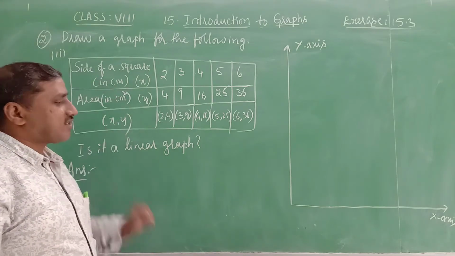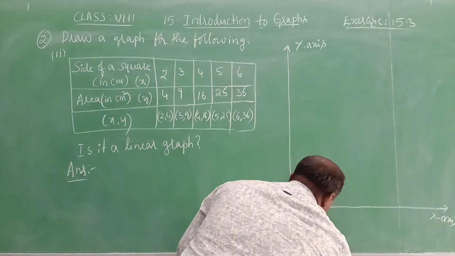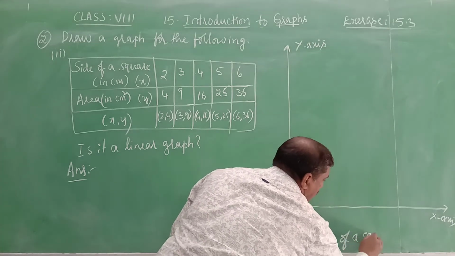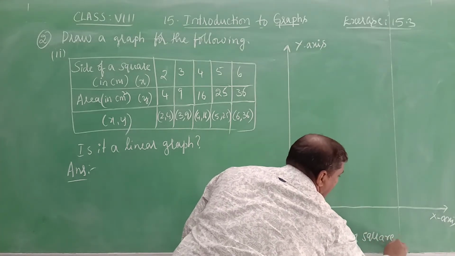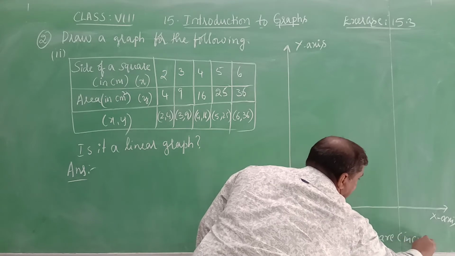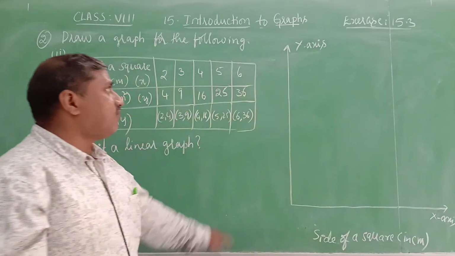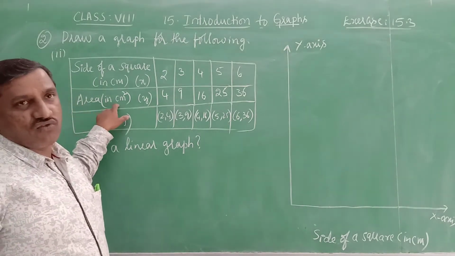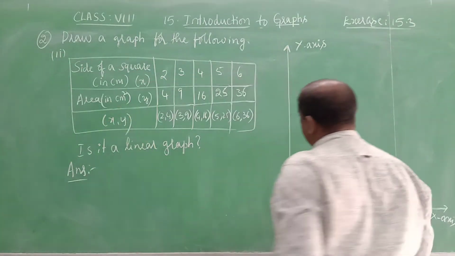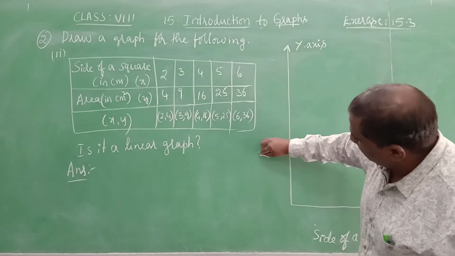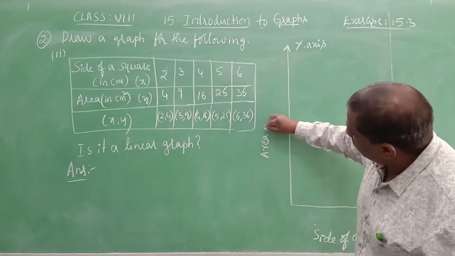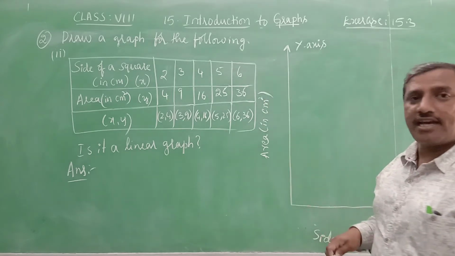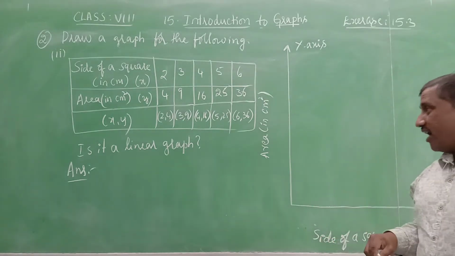Yes, the side of a square in centimeters, whereas on the y-axis we are taking area in square centimeters. So it is the area of a square in centimeter square. Now we have to represent.